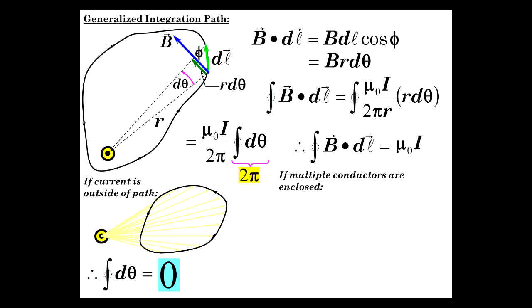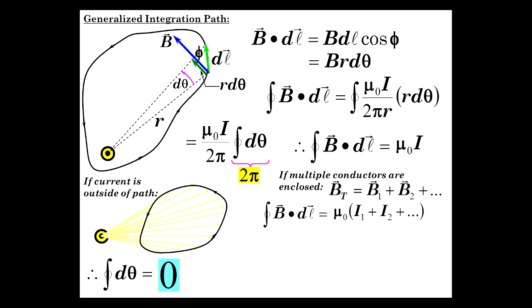So 0. Now, if multiple conductors are enclosed, then the total B field is the contributions from each one. And closed integral of B dot dl will then be the mu 0 I, but I is the contribution from all the currents.